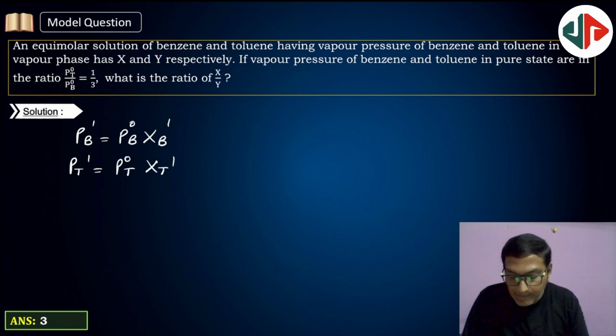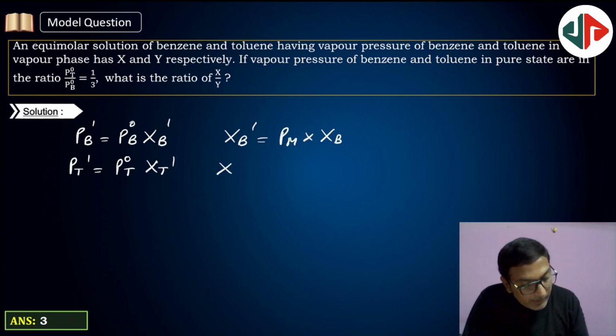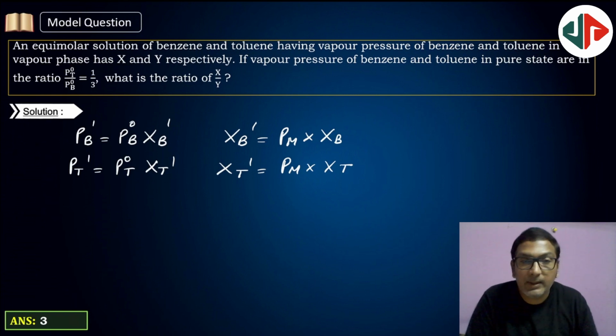Next again, mole fraction equal to total pressure into XB, XT dash equal to PM into XT. So the first one is Raoult's law, the next one Dalton's law.